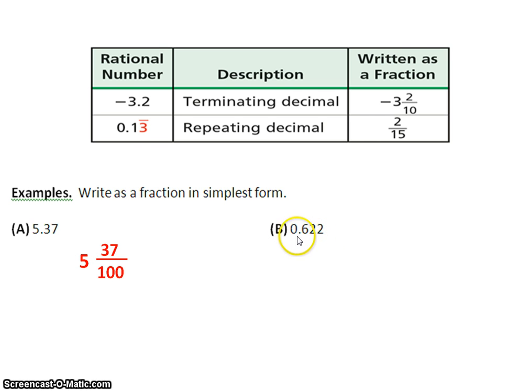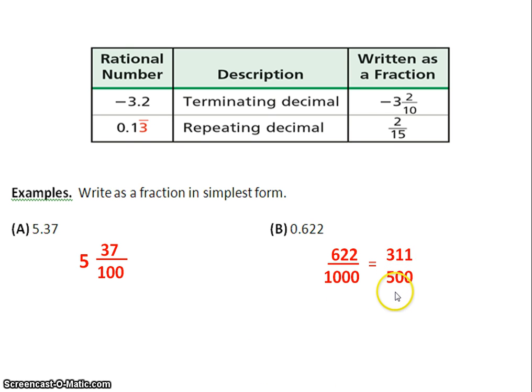We could read that decimal differently as 622 thousandths. So we would simply write that fraction, 622 over 1,000. Now we can simplify this by dividing the numerator and denominator both by 2 because they're even numbers. And we would come up with 311 over 500.